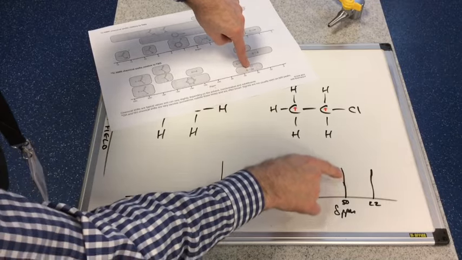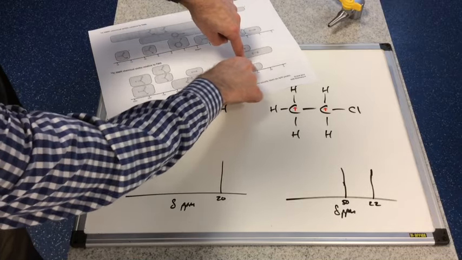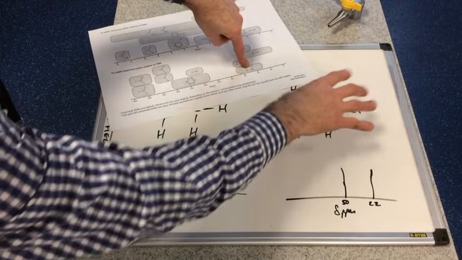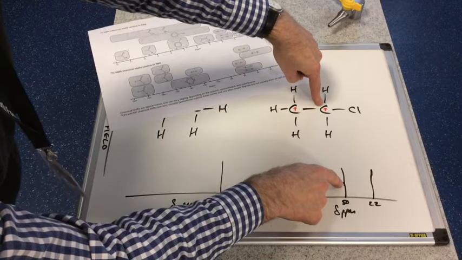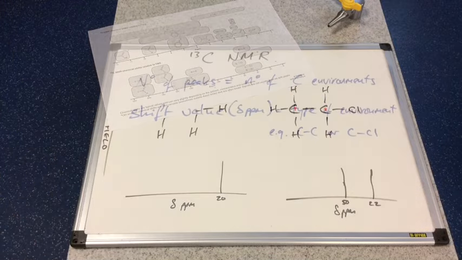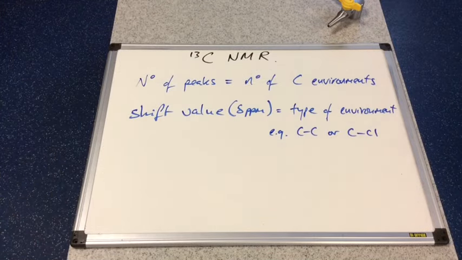So this is telling us that we've got a carbon bonded to a halogen, and we know that it's a chlorine in this case because we know what the starting molecule was. And so this peak here is for this carbon here. So we'll just summarise where we're at so far.